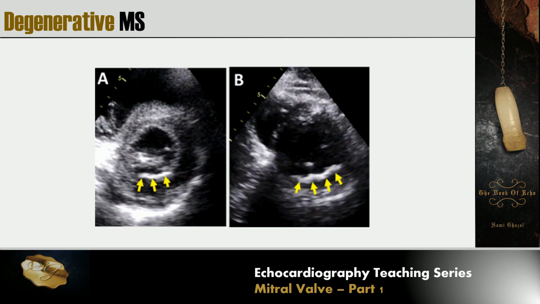So mitral annular calcification, or MAC, is graded based on the extent of the calcification along the posterior aspect of the mitral annulus. So this is the posterior aspect of the mitral annulus, from here to here.